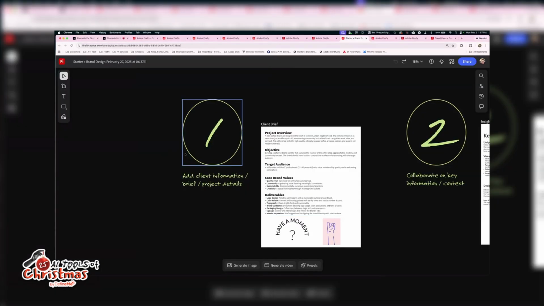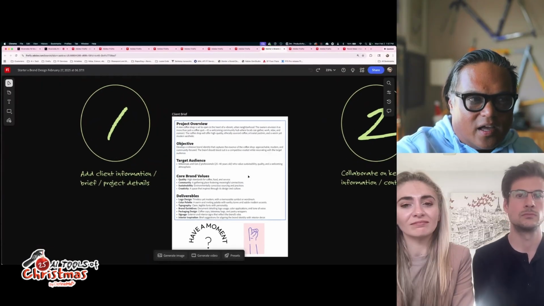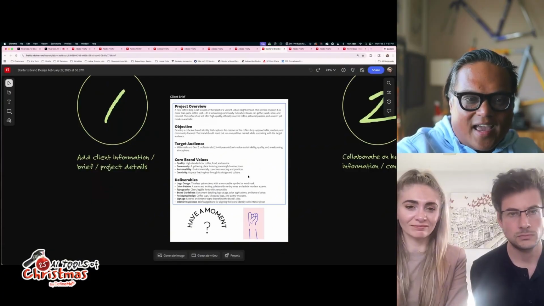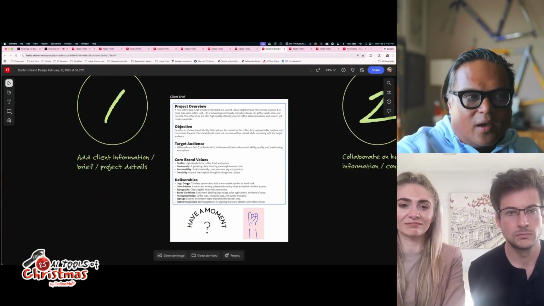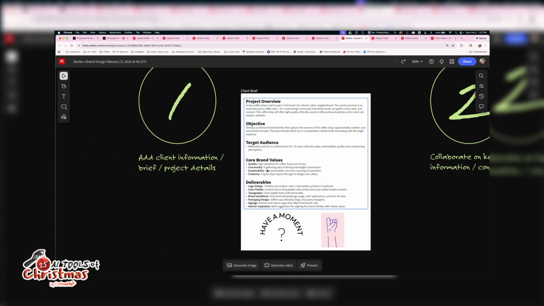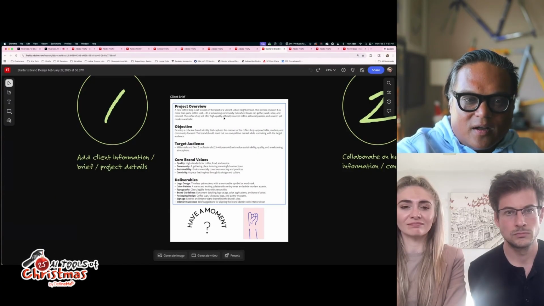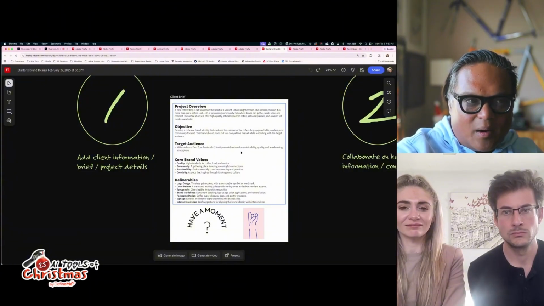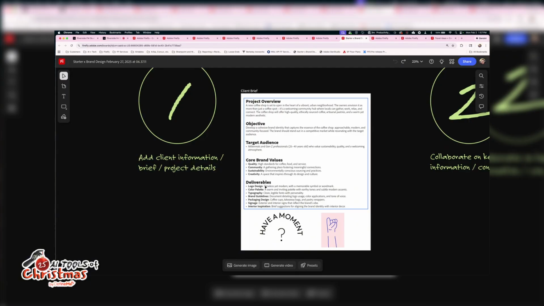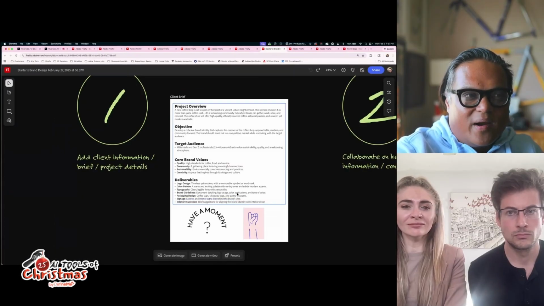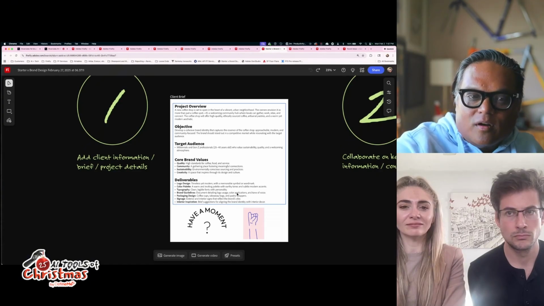So I'm going to add all my client information, brief and project details, and it's all accessible from this one canvas. Right. So, okay, what are the brand values? What am I looking for? In this case, we're trying to redesign a coffee shop for an urban neighborhood. What do I need to deliver out of that? Right. These are the logo design. What's the color palette? Typography, brand guidelines, right? So a typical sort of assignment.